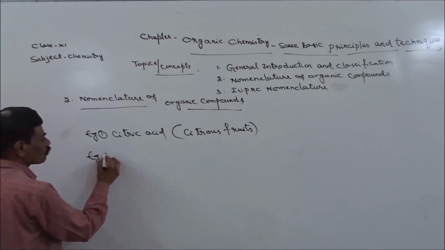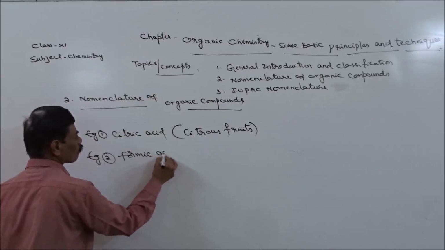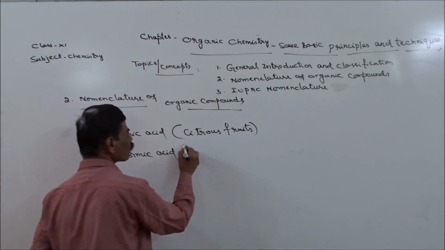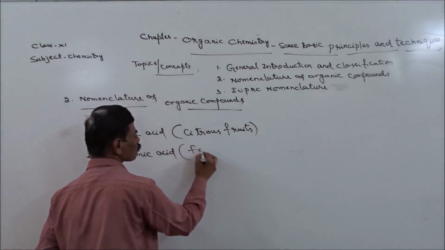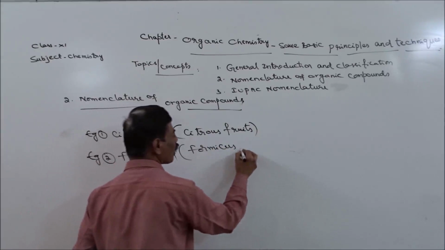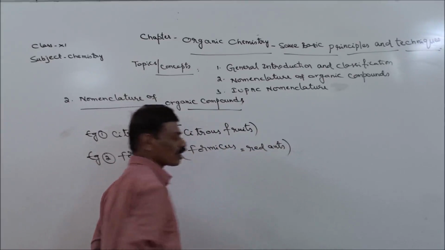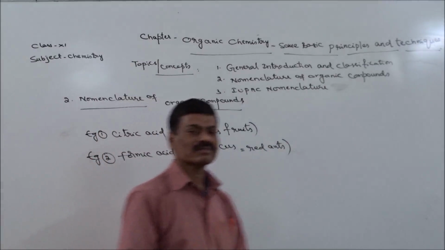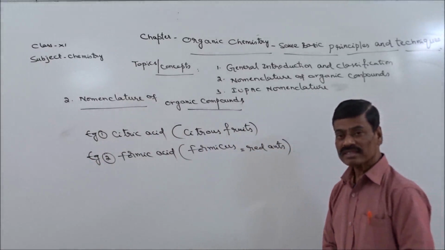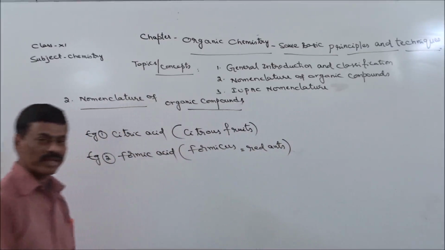Example 2, formic acid. And this is usually obtained from formicus, which means red ants. Red ants were collected in large quantity and subjected to fractional distillation. As a result, this acid is obtained.